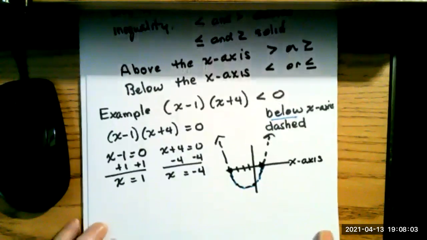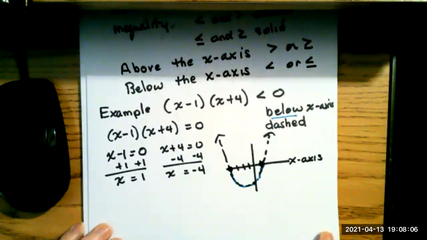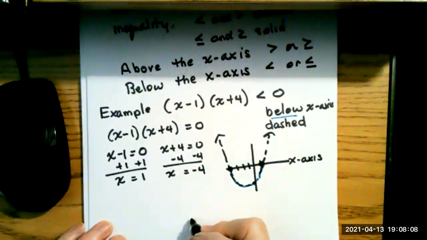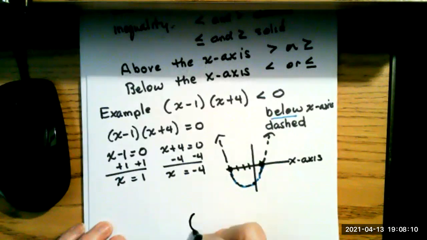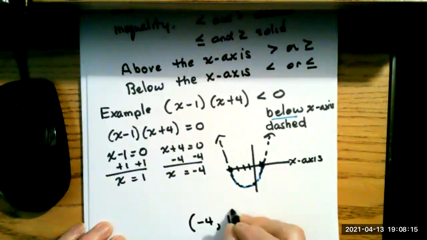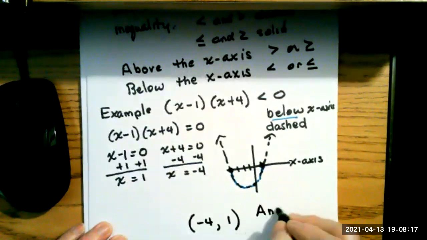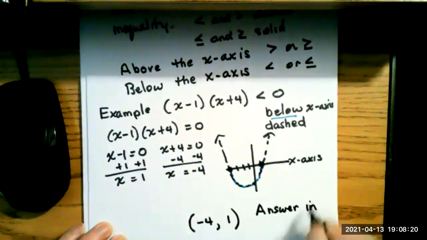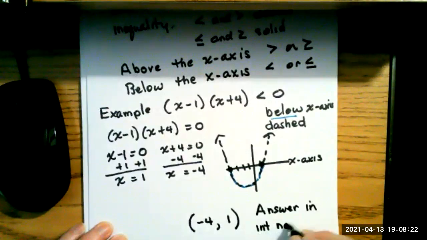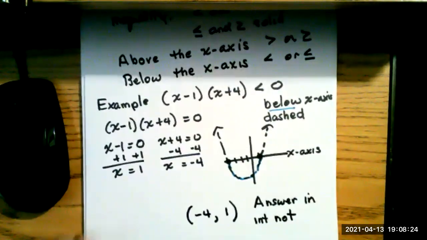So my answer, going left to right in interval notation, would be between -4 and +1. Between -4 and +1, that graph is below the x-axis. So it is less than 0. Any questions on that?